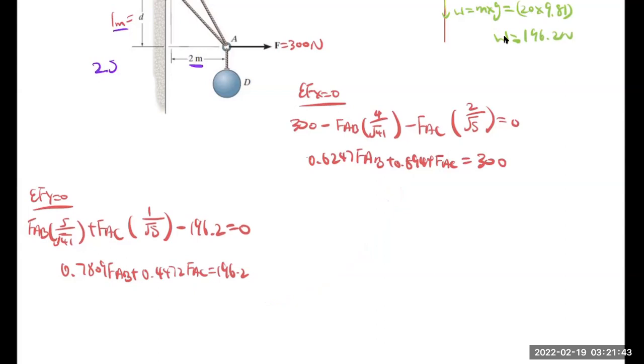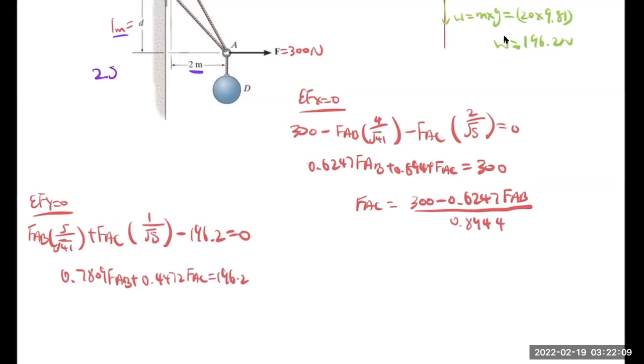What I mean by that is, let's take for example this one right here. I can turn this equation into terms of FAC. So I can say FAC is equal to, move this FAB over here, 300 minus 0.6247 FAB divided by 0.8944. Okay. So I rearranged this equation in terms of FAC, and then I can plug this FAC back in here.